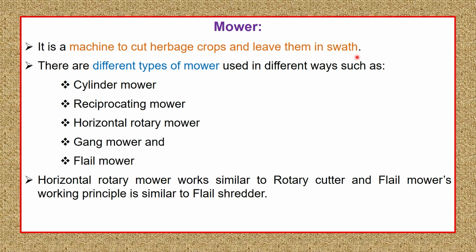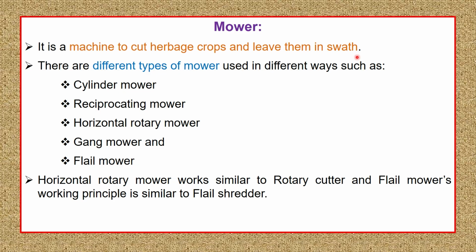They are reduced in their size. If we reduce their size and use them, then they become mowers. The rotary mower works in a similar way as the rotary cutter does, while the flail mower's working principle remains the same as the flail shredder.